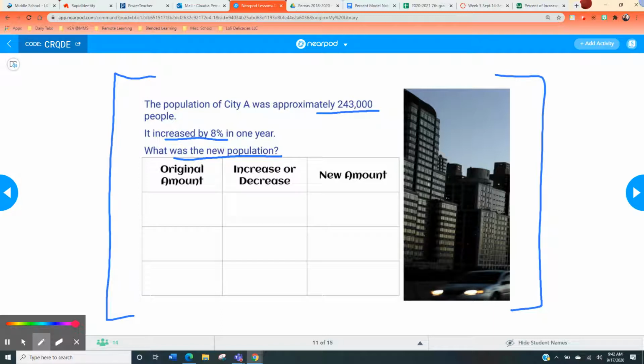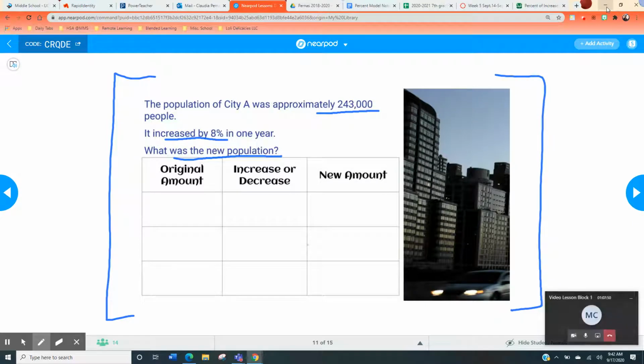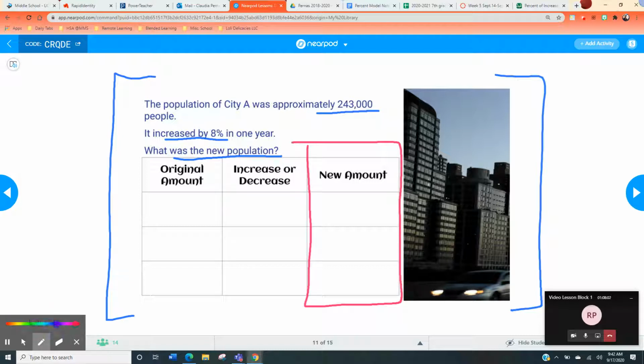Who can tell me? I'm gonna start choosing people. Yulivani, is it asking me for the increase or decrease or for the new amount? New amount. Thank you, Jesus. So I'm going to put a box around new amount because now I know that that's what I'm looking for. Let's go ahead and put our information in.